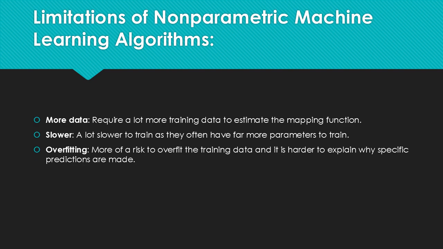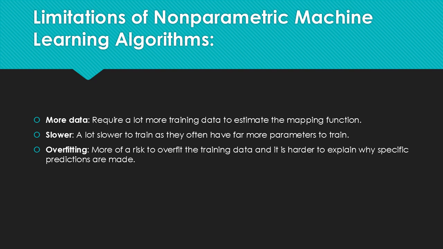Now the limitations. For choosing the number of parameters, it needs a lot of training, because once it is trained a lot, then it is easy to estimate the mapping function.